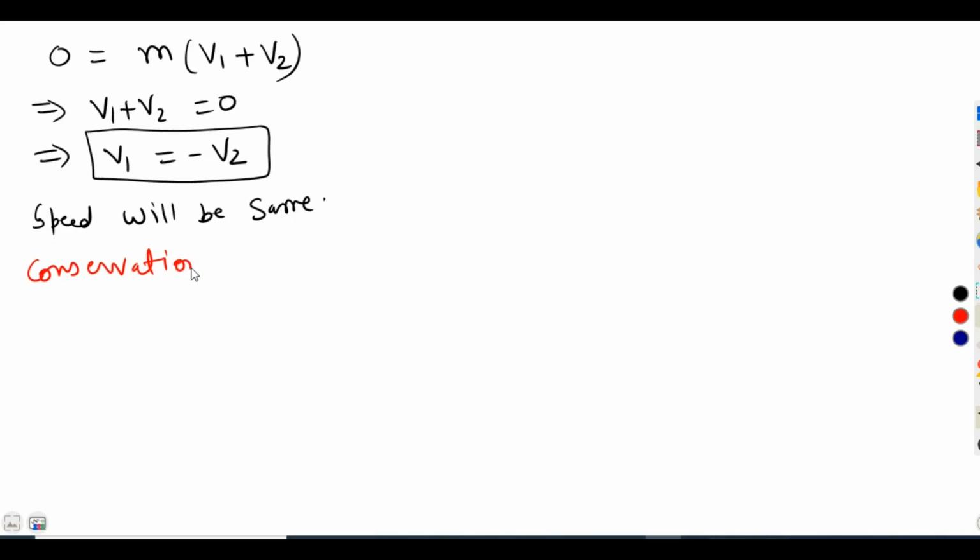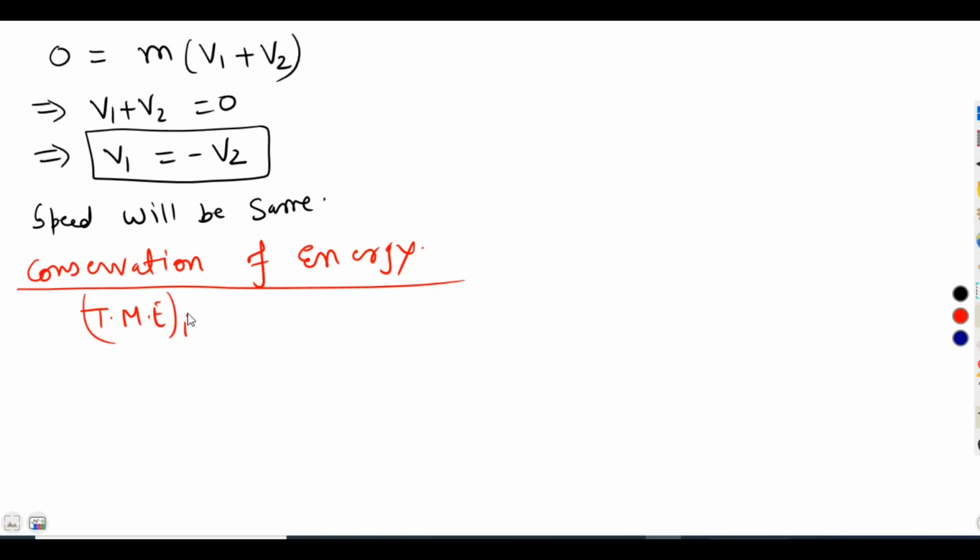Initially the total mechanical energy should be equal to the total mechanical energy finally. Initially both the objects were at rest, so 0 plus 0 is the kinetic energy, right? And both the objects have potential energy. This is object 1, this is object 2.